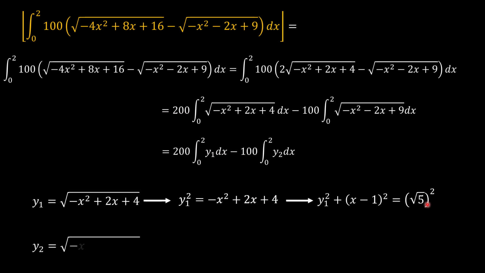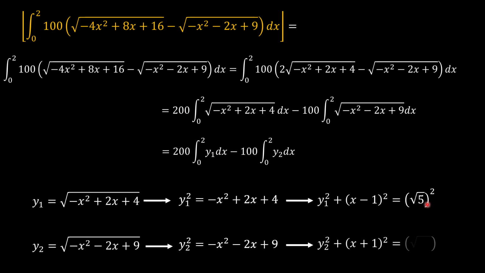The same thing happens for the second one. We square y2, which is negative x squared minus 2x plus 9, and that means we have a circle whose center is negative 1, 0, and the radius is root 10.